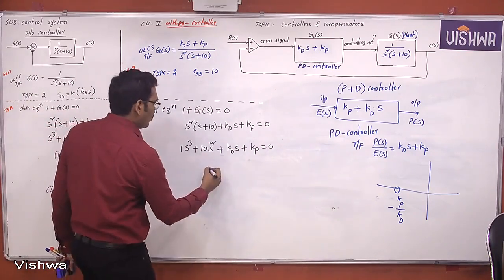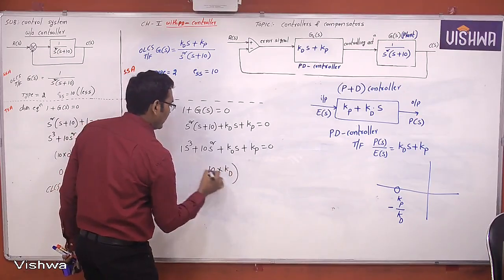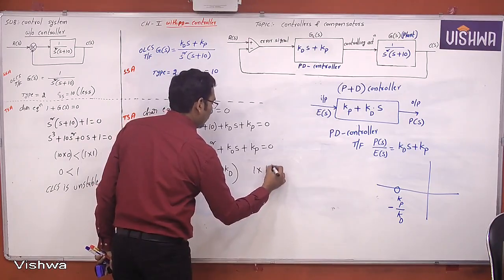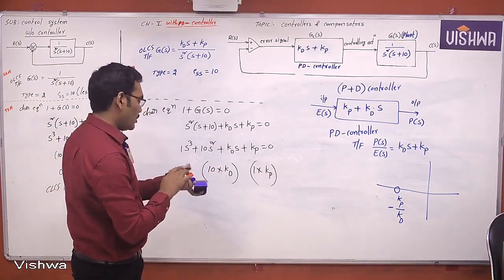What is the internal quotient product? 10 into Kd. What is the external quotient product? 1 into Kp. This is the internal quotient product and that is the external quotient product.